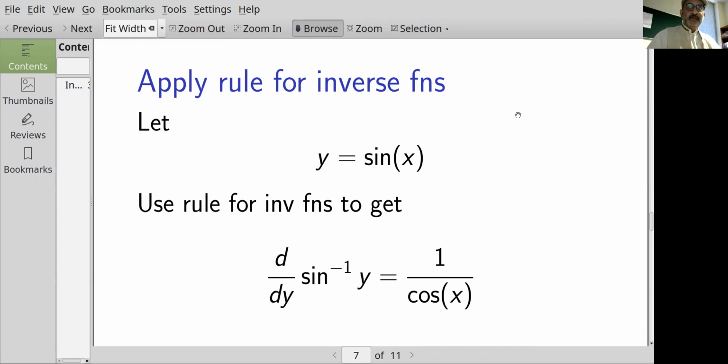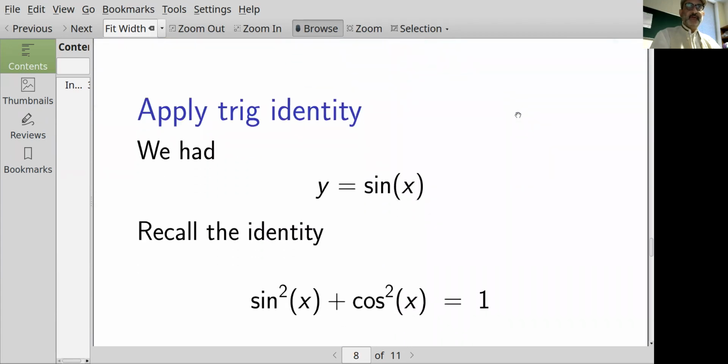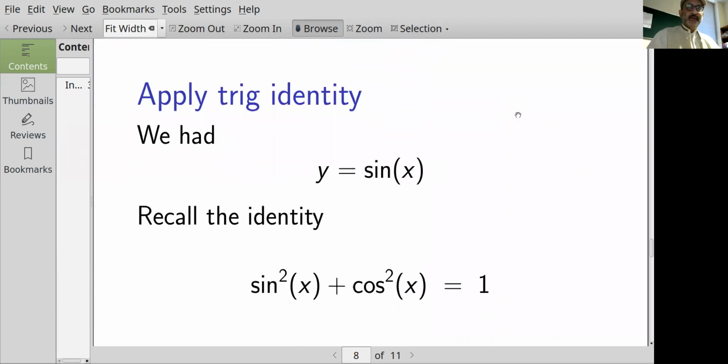Now, it would be nice if we could get an answer completely in terms of y and not involving x. And so what we do is apply the trig identity, sine squared x plus cos squared x equals 1, using y equals sine of x. So that means y squared plus cos squared x is equal to 1.